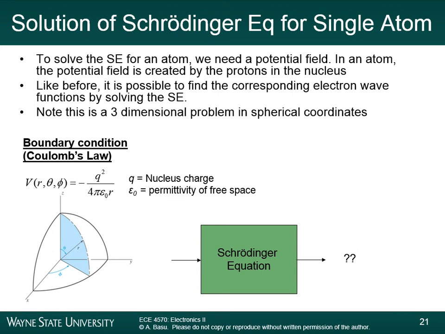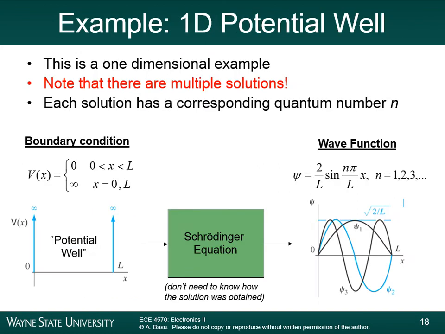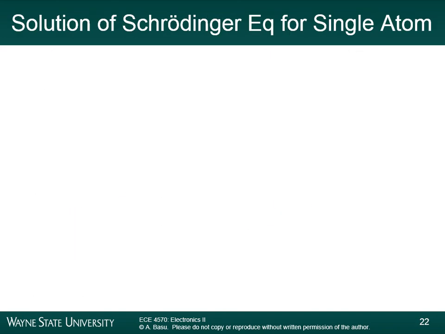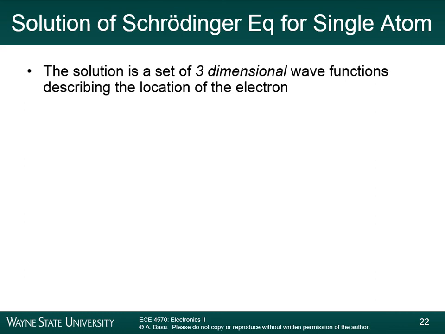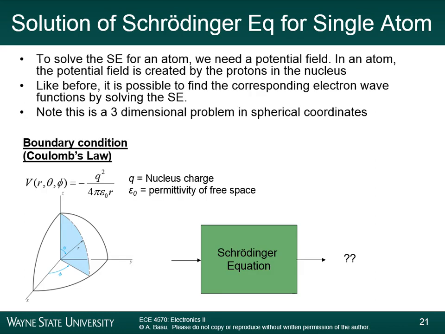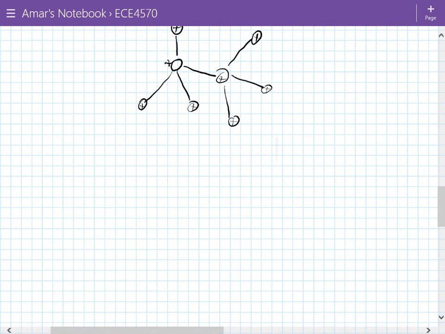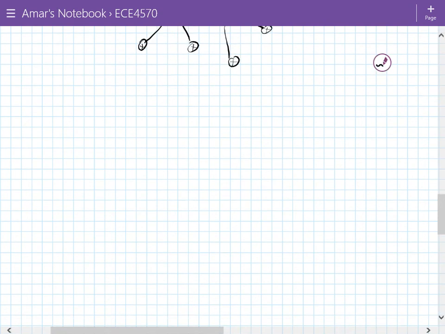So we had these examples of the Schrödinger equation for a single dimension. So what do the solutions to the Schrödinger equation look like for a single atom? Let's go back here. So here's what we're doing. This particular example is looking at a single atom. So a single atom has a nucleus, and that nucleus may be positively charged.